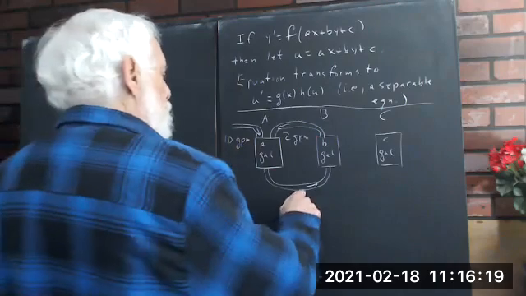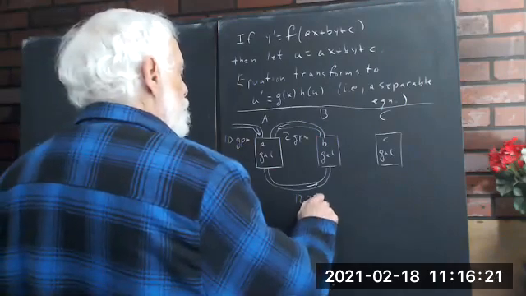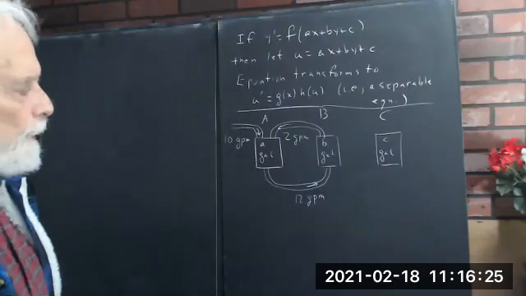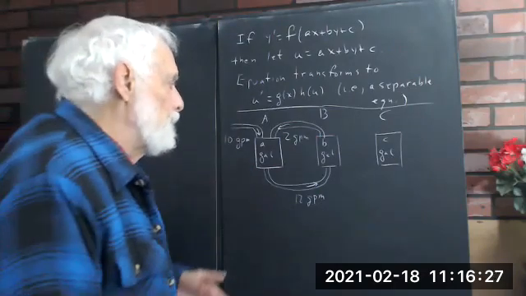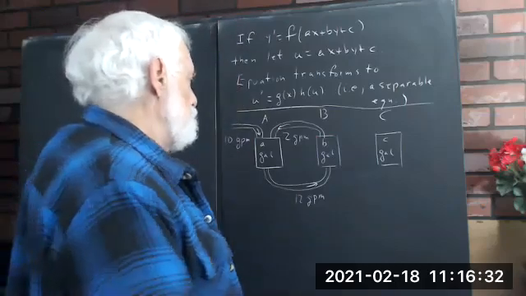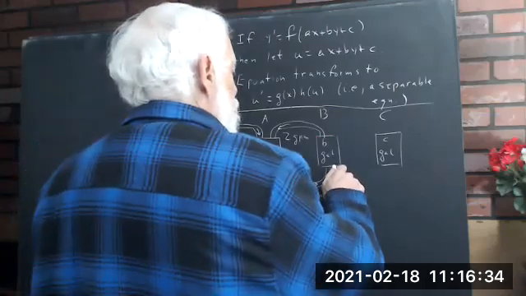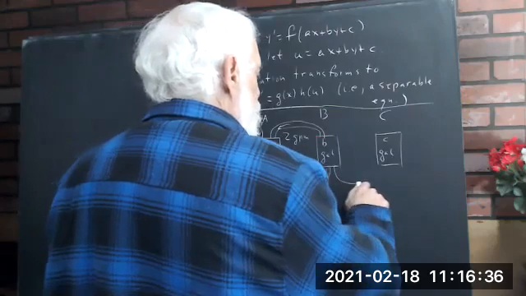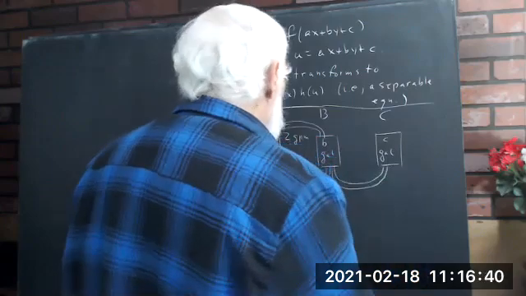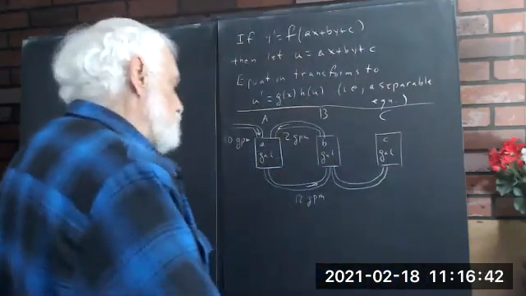So we're going to do 12 gallons per minute here. Okay. Then we're going to pump from this tank into this one.